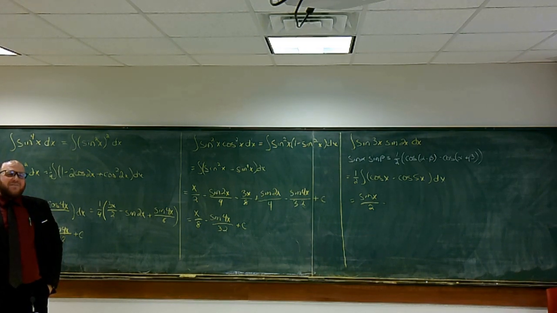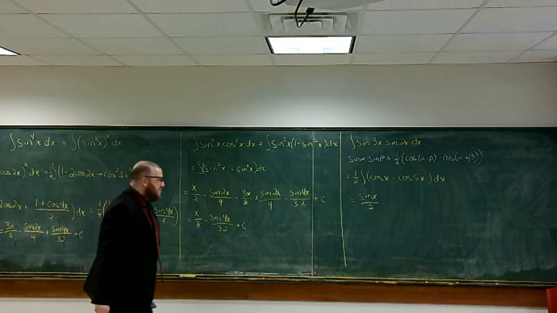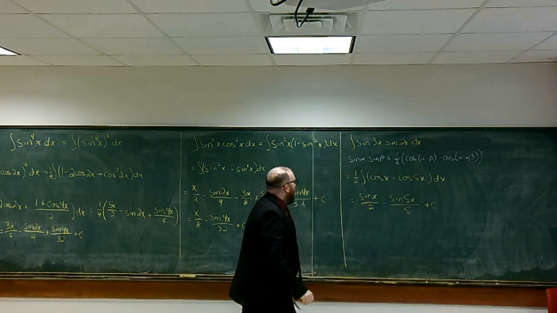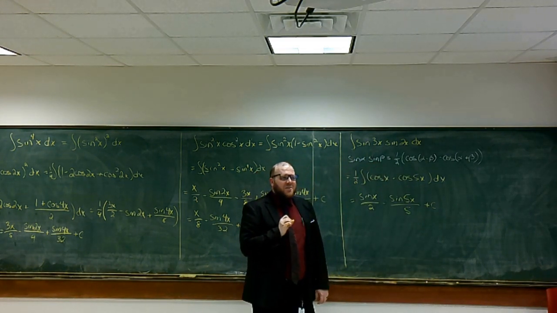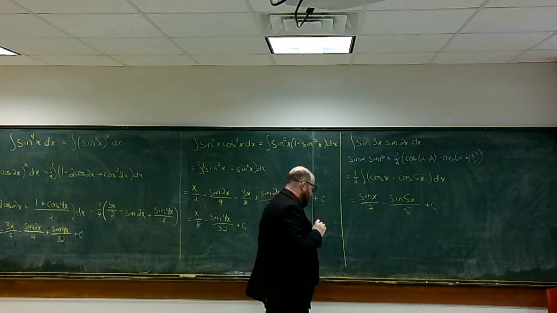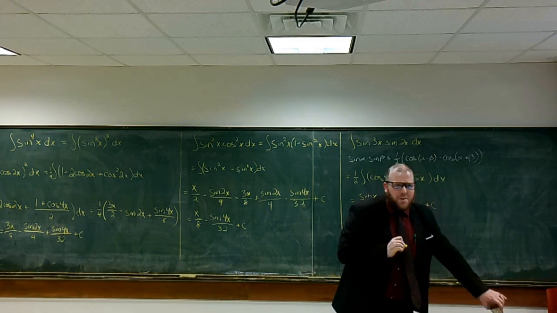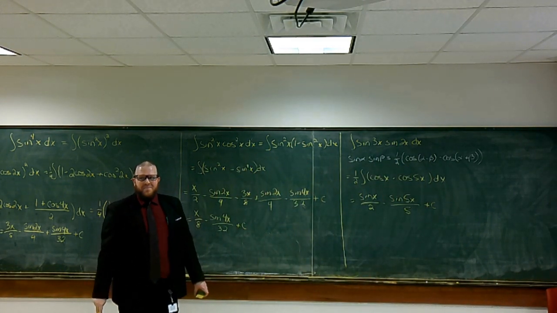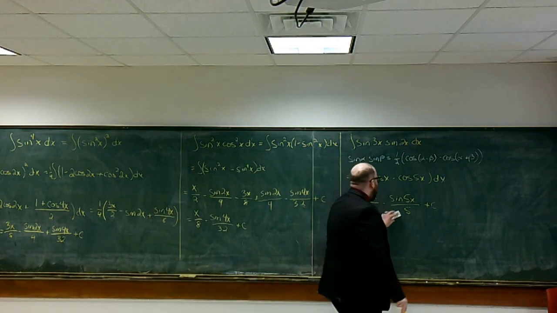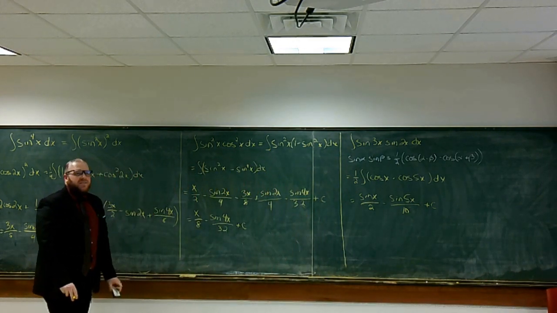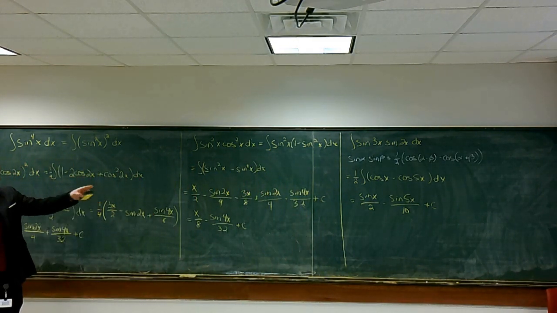Which one? For 1/5. Oh, wait. Mistake. Where's my mistake? Over 10. Should be over 10. Right, because you multiply by half. There's your antiderivative.